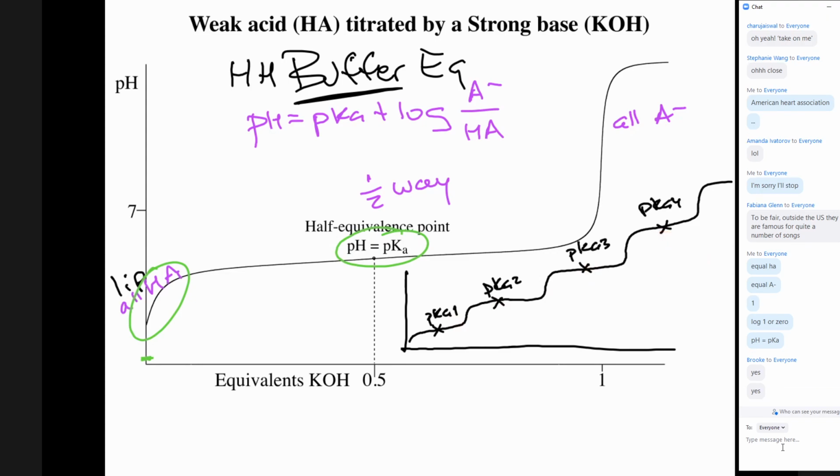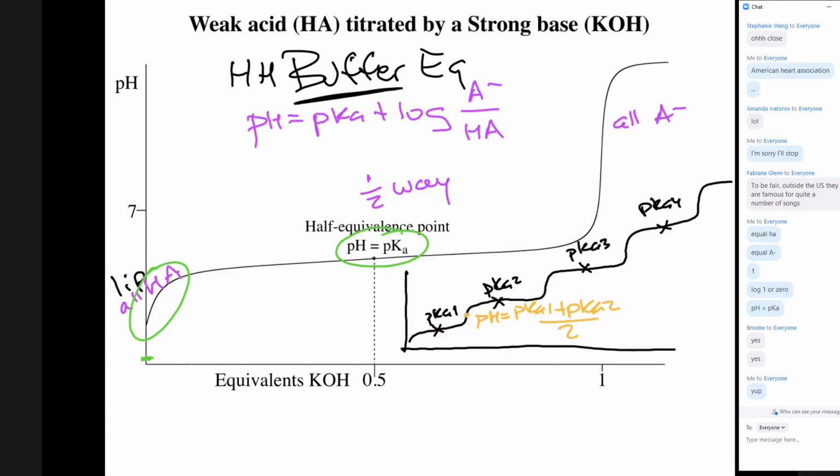Here is something you learned in biochem. How many learned that is an average of pK1 plus pK2 over 2? How many definitely learned something like that? You average 2 surrounding pKs and get that middle point? Okay. It ends up, I'm going to steal that same thing.